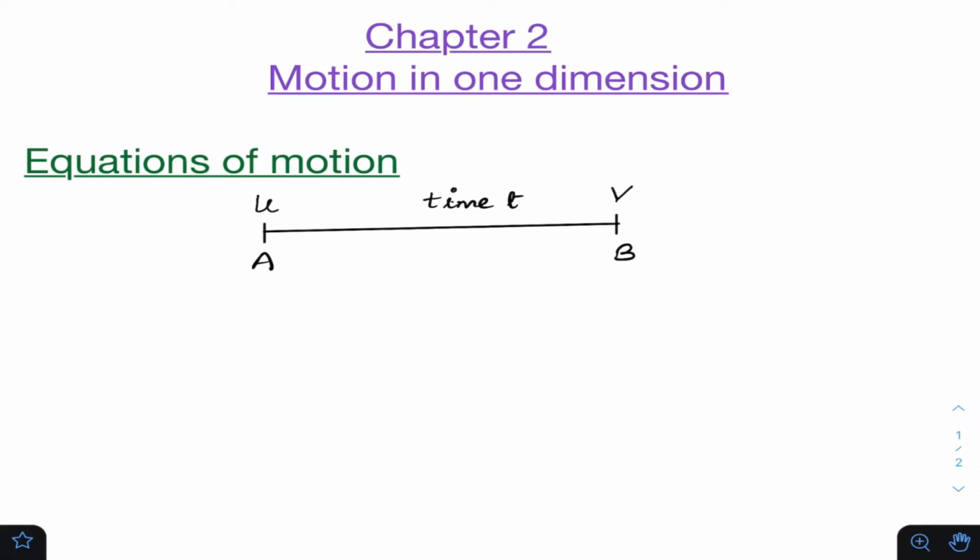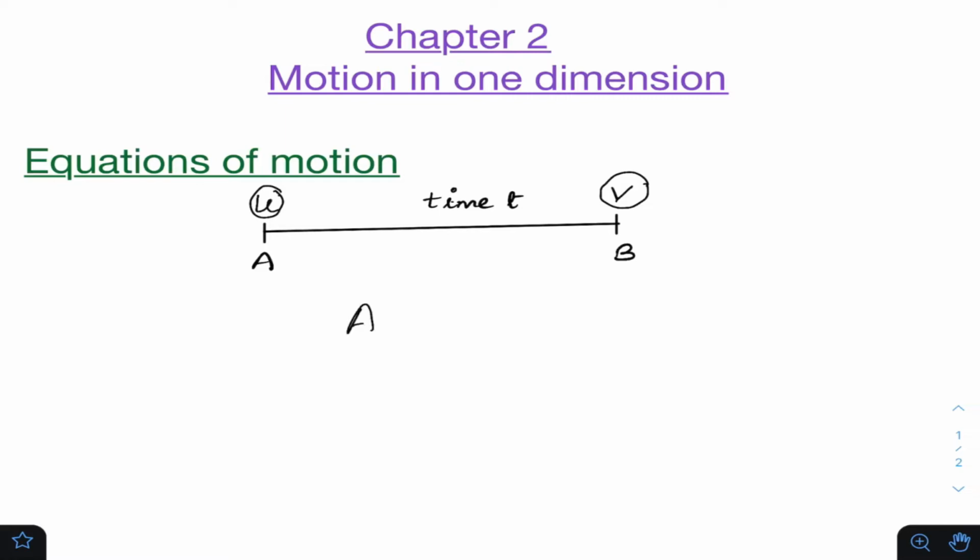Now come to the second equation of motion. Suppose a body starts its journey with initial velocity u and reaches point B in time t and gains a velocity v. So, which velocity should we take, u or v? In this case, we have to take an average of these two velocities.